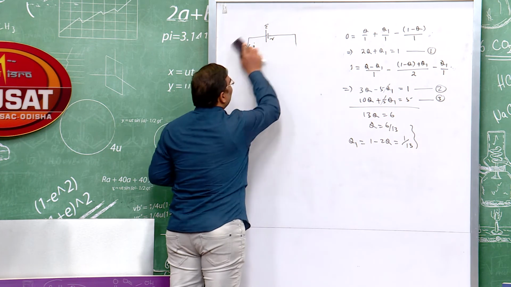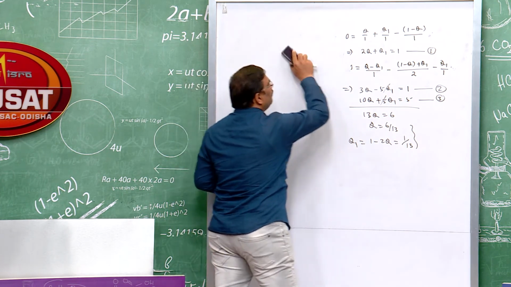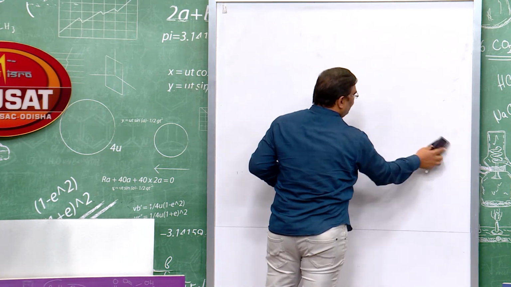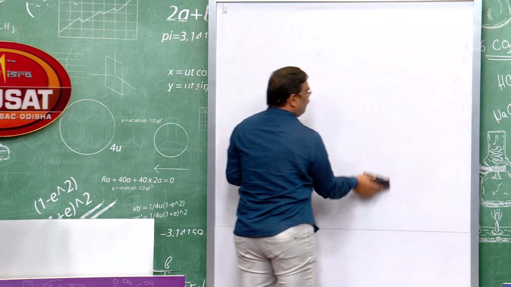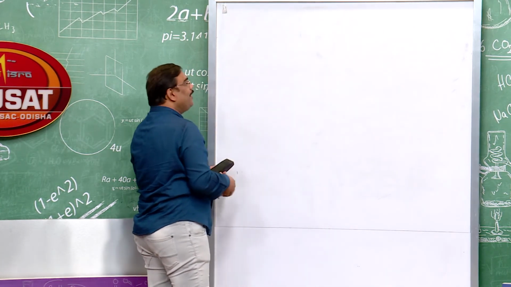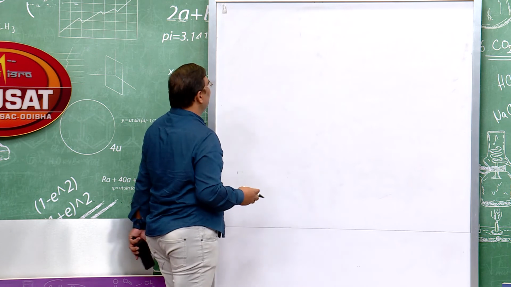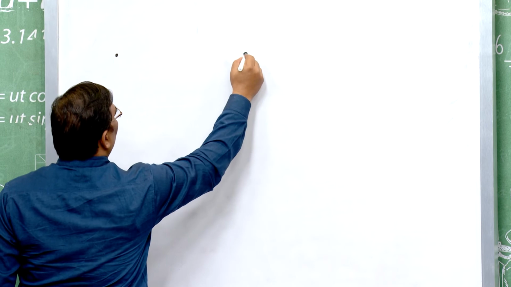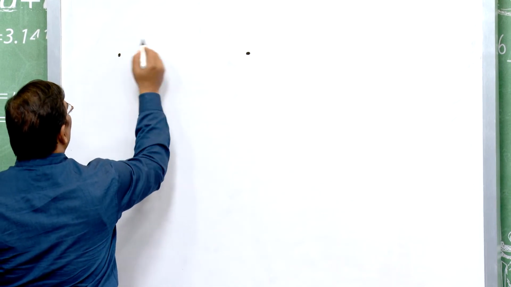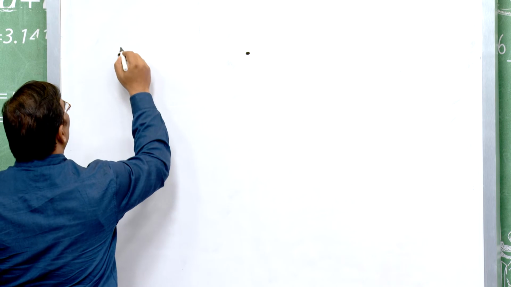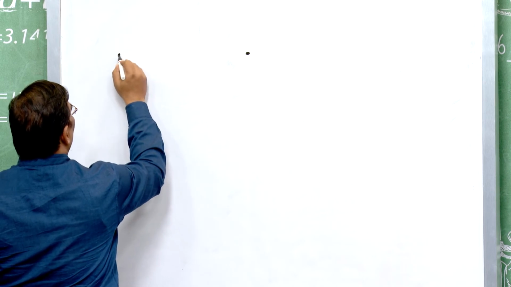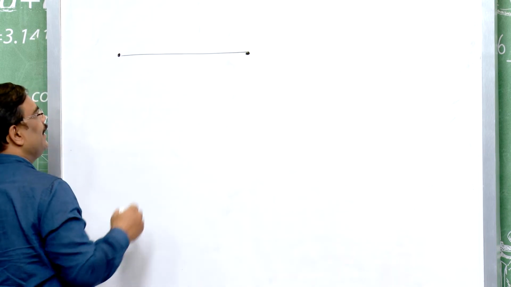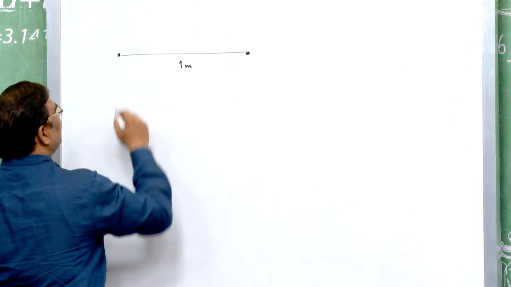Basically, a potentiometer is a Wheatstone's bridge having a long wire of calibration. Suppose these are 2 points where I have connected a wire of length 1 meter.